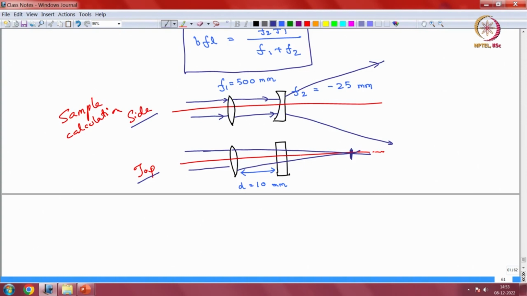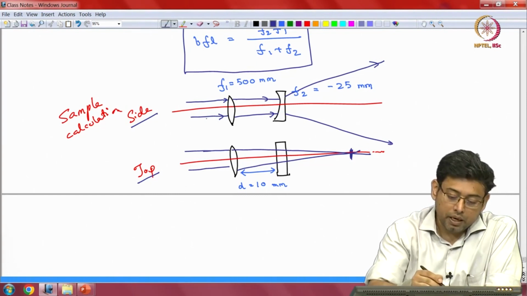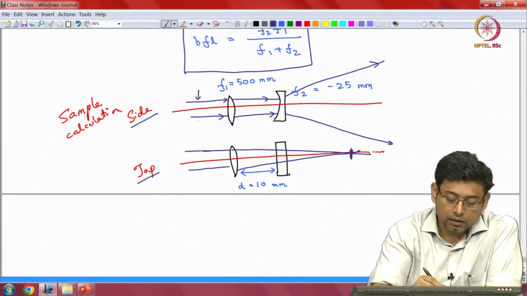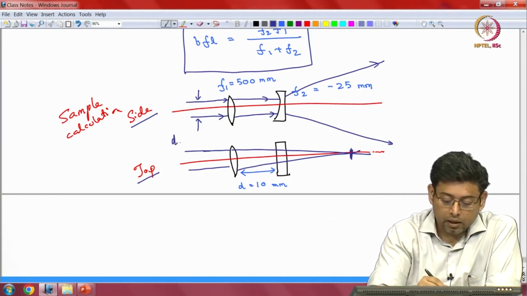Consistent with our discussion on collimated light, there is a beam entering from the side, and let us say the beam diameter is provided to you as d laser equal to 2 millimeters.